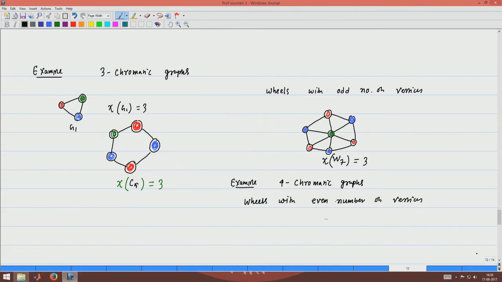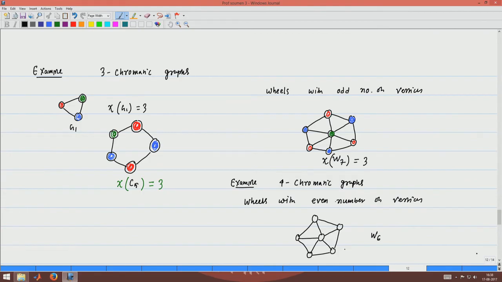So, since it has even number of vertices, you start with the odd cycle, say for example, you start with C5, and then join every vertex with the central vertex. So, this is W6, wheel with 6 vertices.